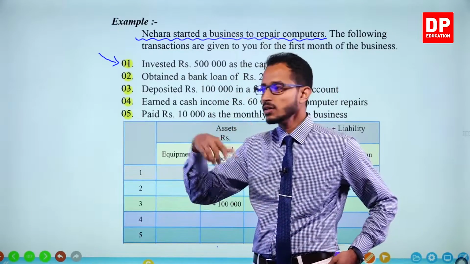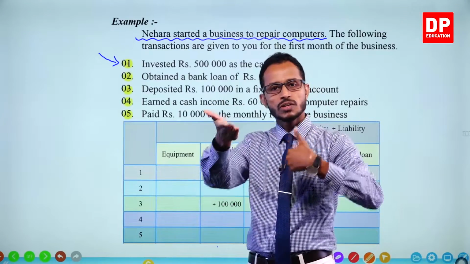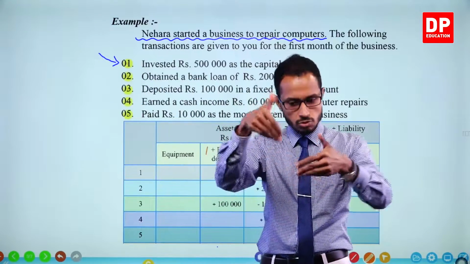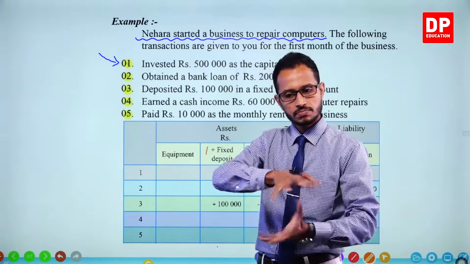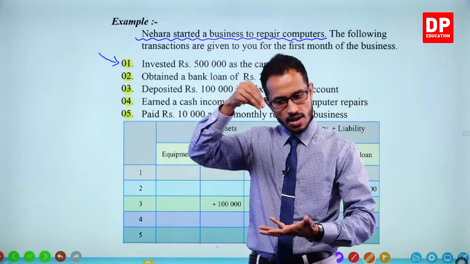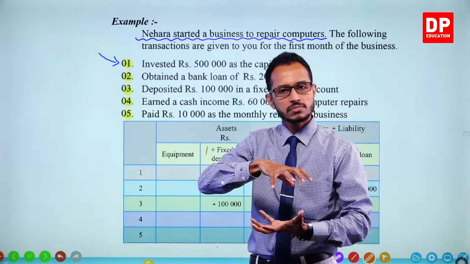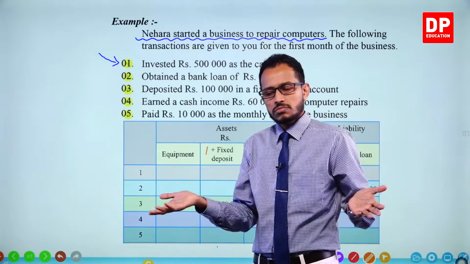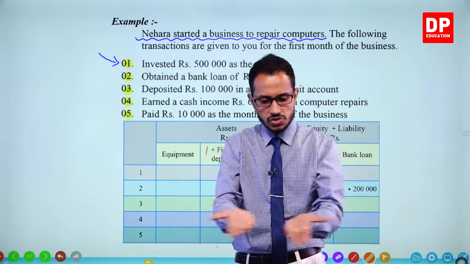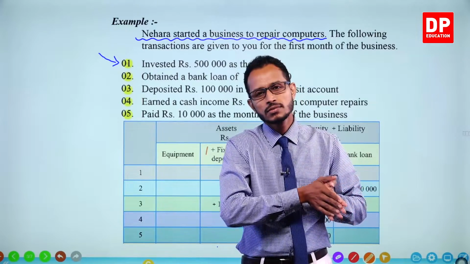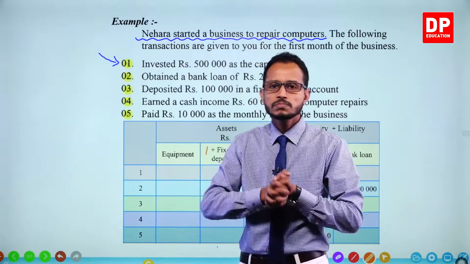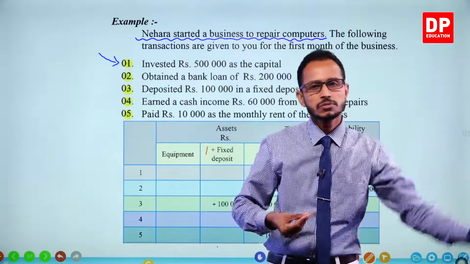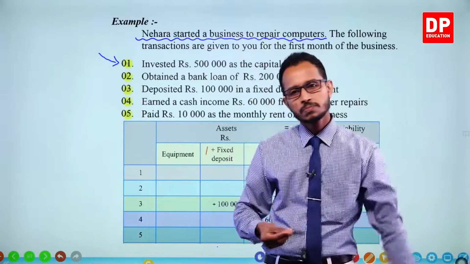Capital is brought in by the owner of a business, and we are not owners, we are accountants. So when the owner invests money to the business, we get that money. Owner brings in and puts in cash, we get the cash, right? It's up to us to keep the cash in the cash till or in a safe of the business, or we can deposit the cash in the business bank account.